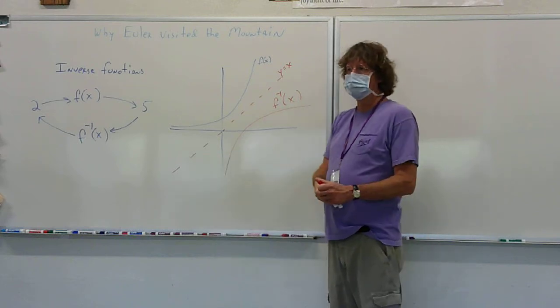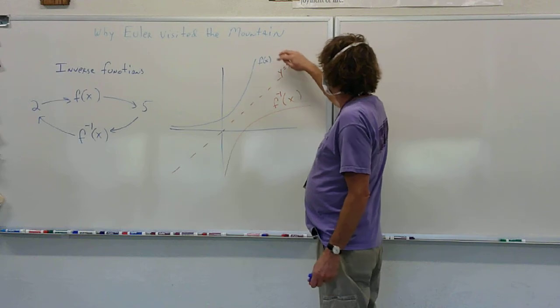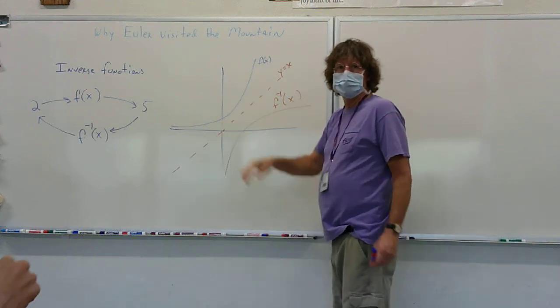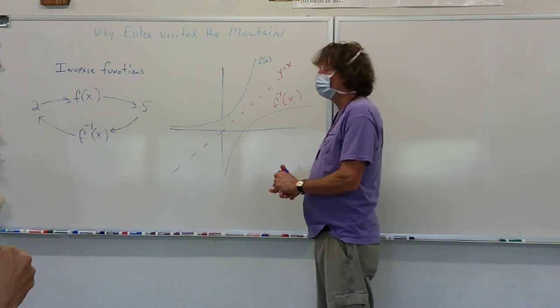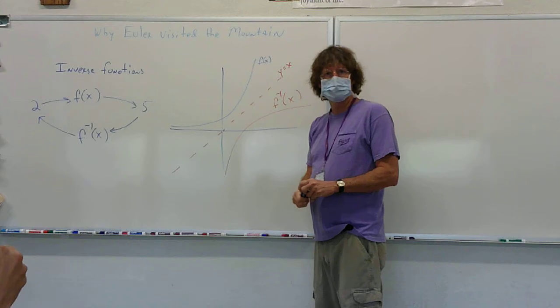Okay? Always remember your inverse and your original function are always symmetric with y equals x. So the cool thing is, if you know the graph of one of them, you can figure out the graph of the other one. Is that all right?